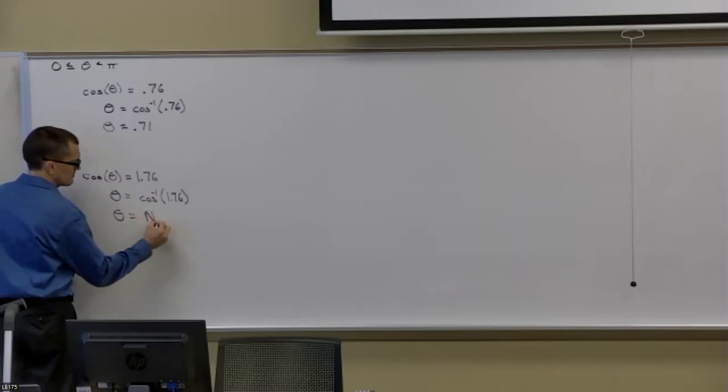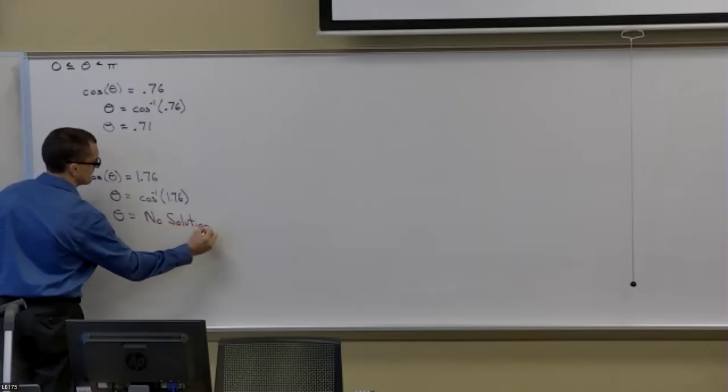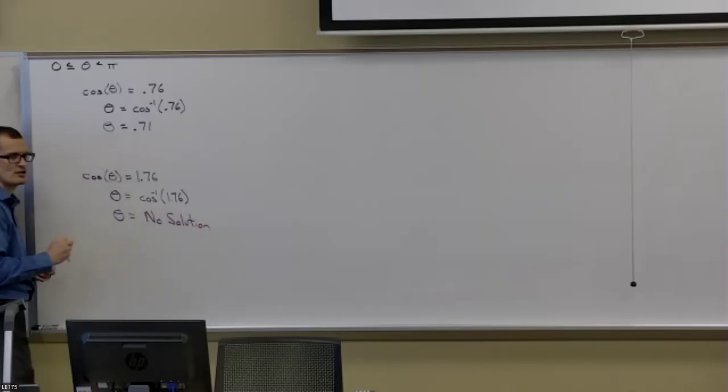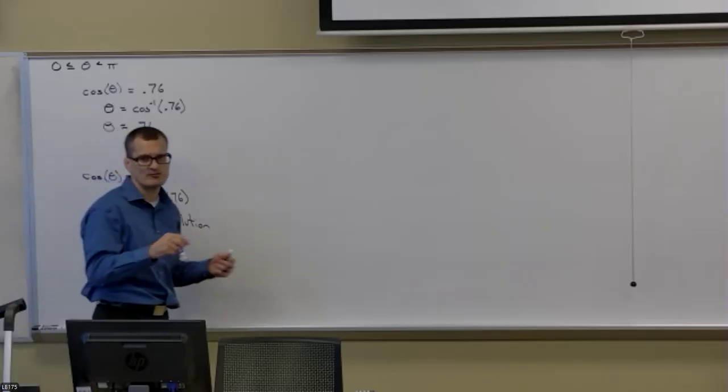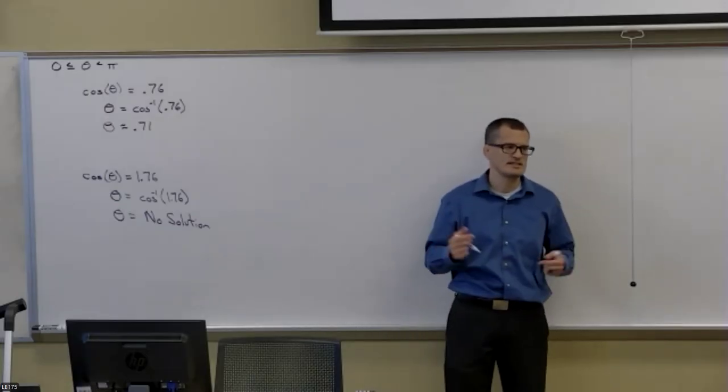I'm just going to write this, no solution. The domain of the inverse cosine is between -1 and 1. So if I get something that's above 1 or below -1, it's not going to work.